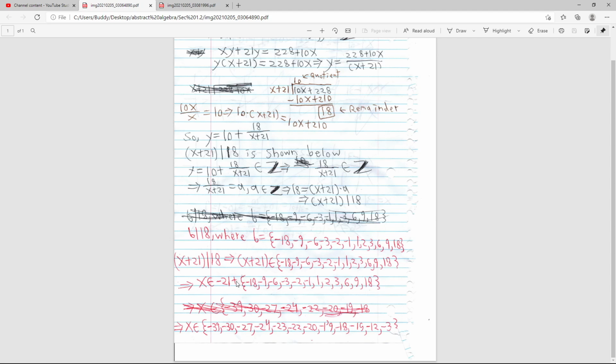Then I subtract 21, or I add negative 21 to the set, so x is in negative 21 plus the set. Then I just add negative 21 to each individual number of the set, and you get x is in this range of values.